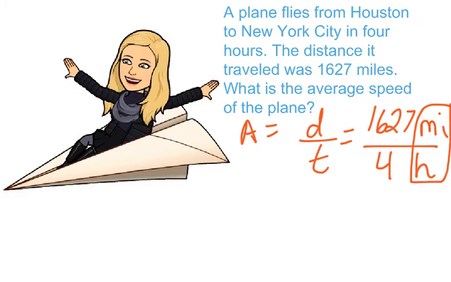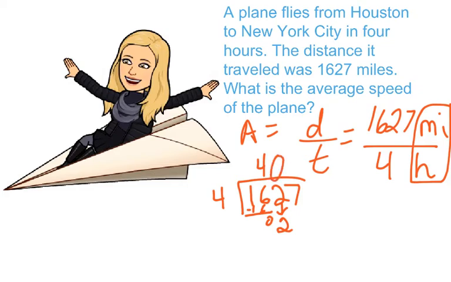And then we have 1,627 divided by 4. Now when you solve this, you get 4, and of course that's 16. I guess I'll show my work, even though hopefully you can do a lot of this on your own. Of course, minus 0. We probably don't need to do that.